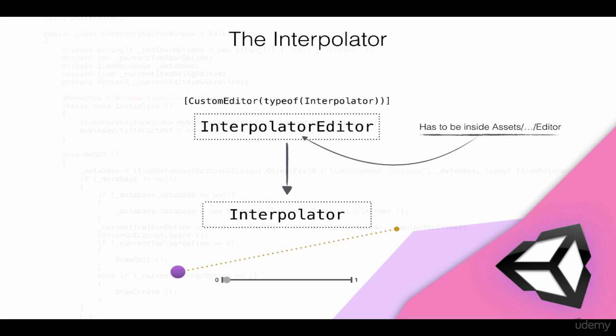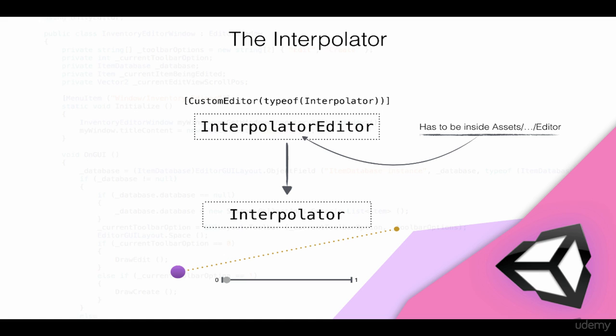And you should be familiar with the concept of interpolation. Interpolation is basically going from one value to another value using a parameter. And when that parameter is 0, you are at the starting value. And when the parameter is 1, you are at the ending value. This is the common application of an interpolation. And we will do that with positions.